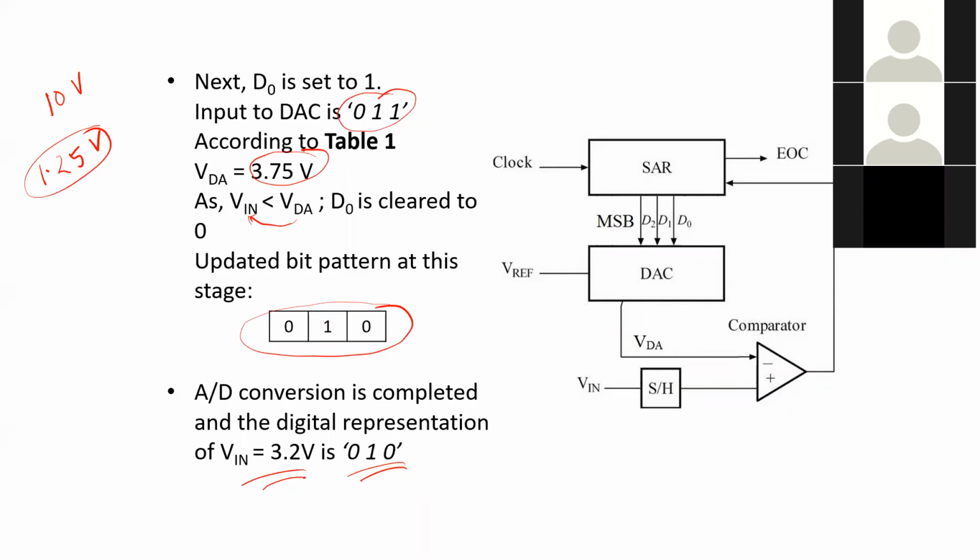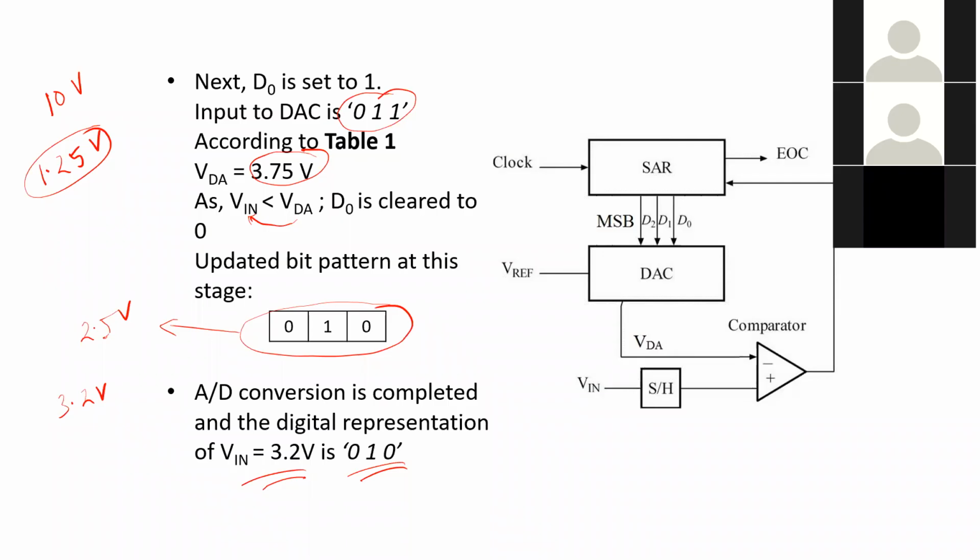So the quantization error will also be quite large, because according to the table 010 refers to 2.5 volts, and you are using this particular bit sequence to represent also 3.2 volts. So you can easily suggest that there is a high degree of quantization error present over here because of the only 8 quantizer states.